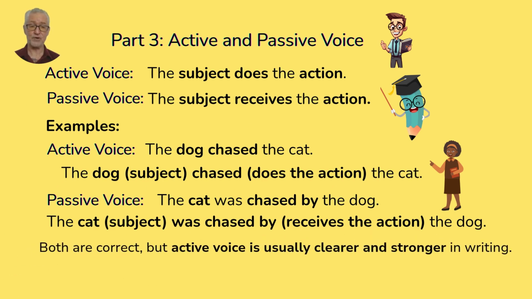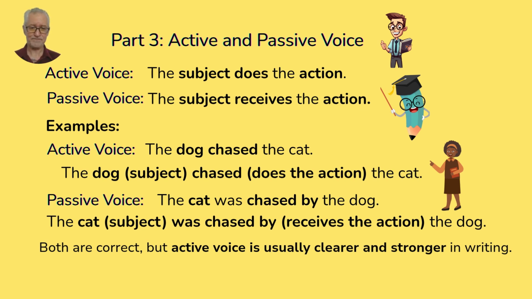So both forms are correct, but active voice is clearer and stronger, and it's preferred in writing. When we speak, we normally use active voice out of habit, but when we write, there's a chance that you can cross over into passive voice. You need to be really aware of this and try where possible to write in active voice because it's clearer and stronger.